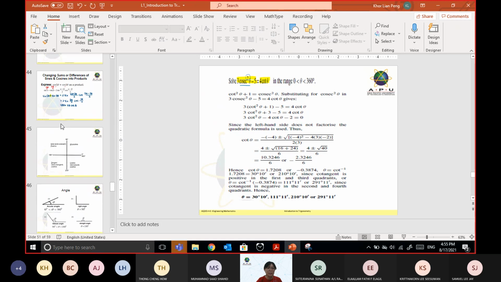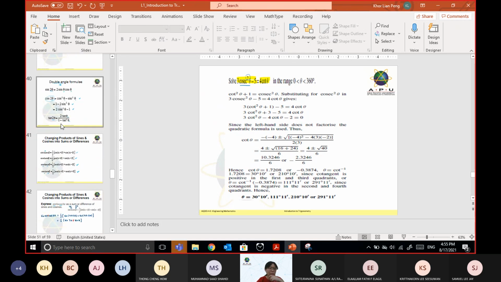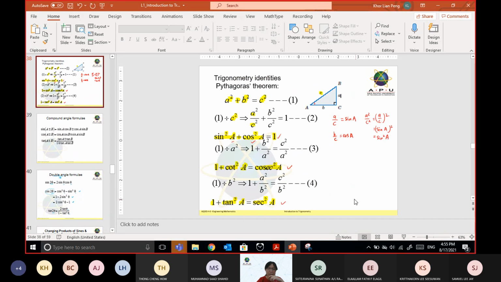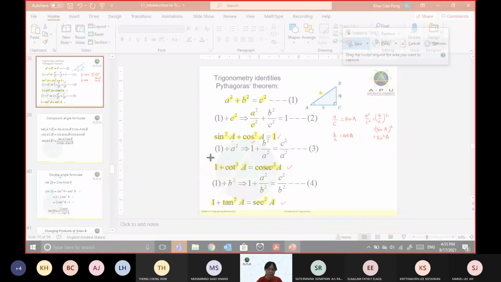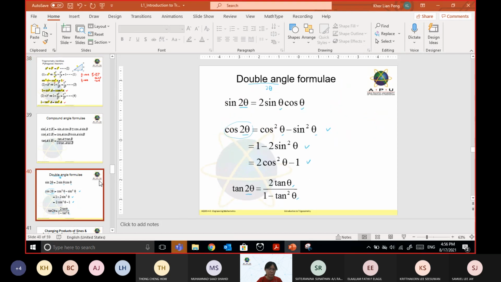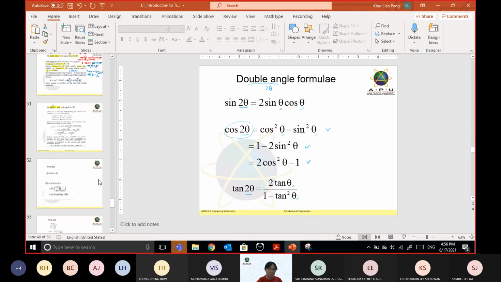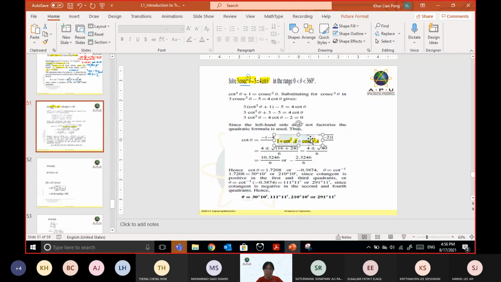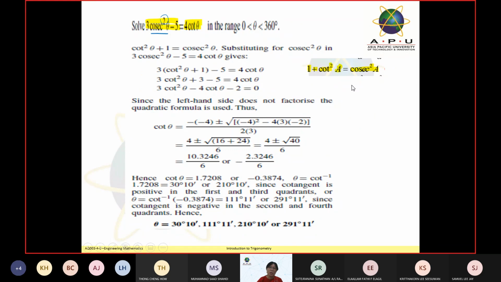If you refer to the earlier part on identities, we have 1 plus cotangent square A equals cosecant square A. We don't have an identity for cotangent theta, but we have one for cosecant square.